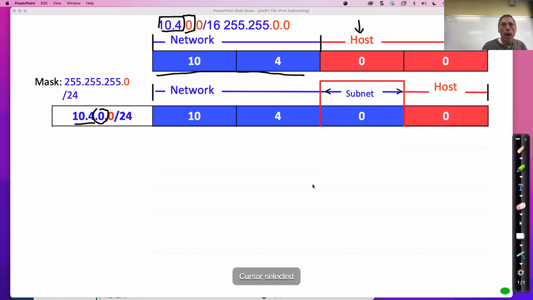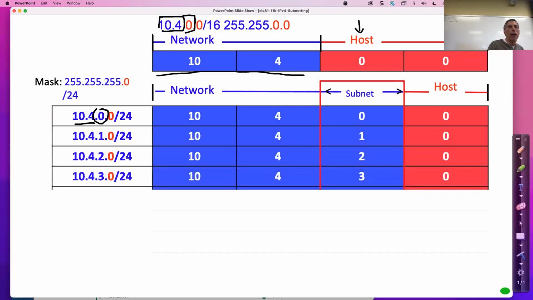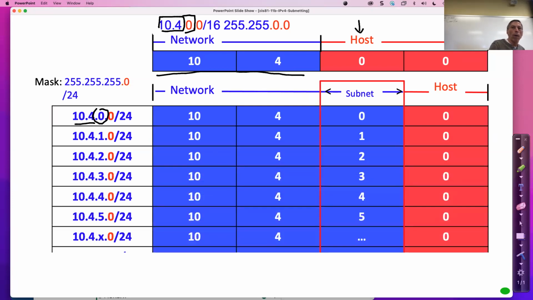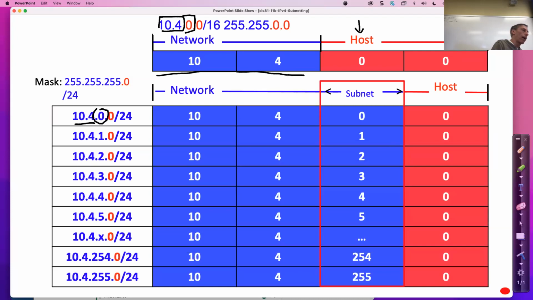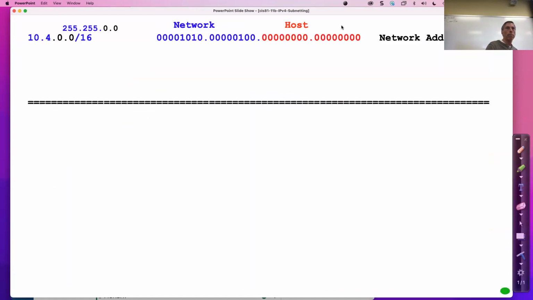So I can go 10.4.0, 10.4.1, 10.4.2, 10.4.3, and keep going all the way to 10.4.255. So I've taken a network that had 65,000 hosts, one single network, and divided it into 256 networks of 254 usable hosts each.